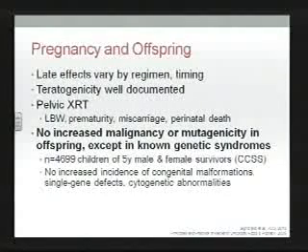And probably the biggest take-home point here is that this has been looked at under many different circumstances, actually, and there appears to be no increased incidence of malignancy or mutagenicity in the offspring of these survivors, except when there's a known genetic syndrome in the family already. There's no increased incidence of congenital malformations, single gene defects, cytogenetic problems, and so that's always a common question that we ask.